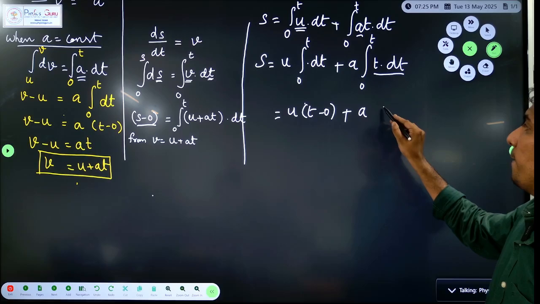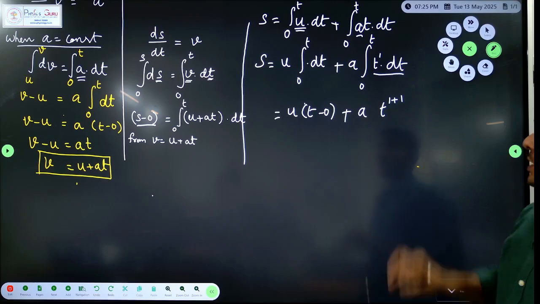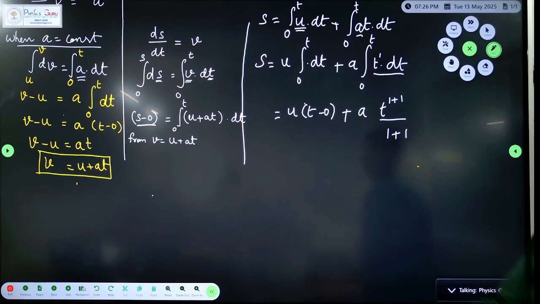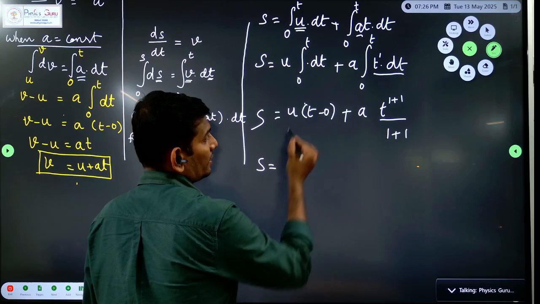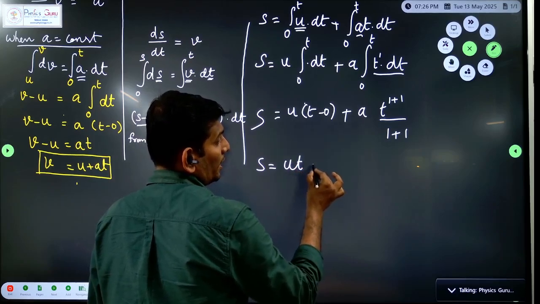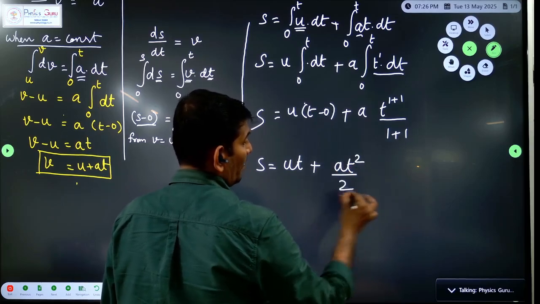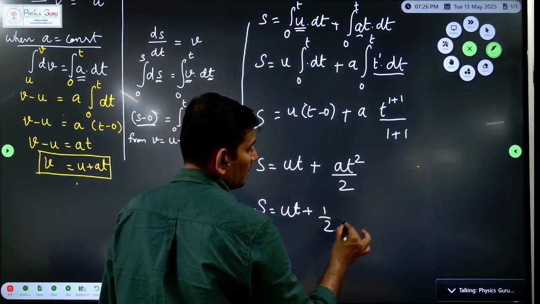So what does it say? T to the power 1 plus 1, because here power 1 is present, divided by 1 plus 1. Correct? So now you can say S is equal to ut plus at squared by 2, which is nothing but ut plus half at squared.